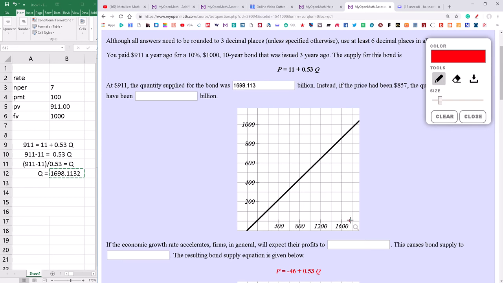So 1698 is out here, right? Put a big point on the supply curve. And that price is 911, so it's just right above that line there.